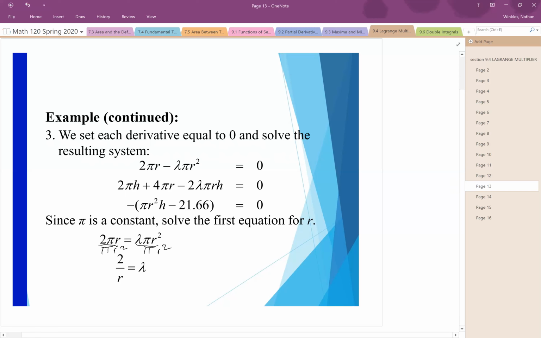Pi is a constant, so we can cancel it out. R over r squared gives us just division by r, so lambda equals 2 over r will be our substitution factor for that one.